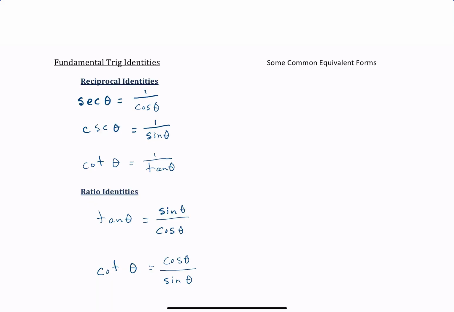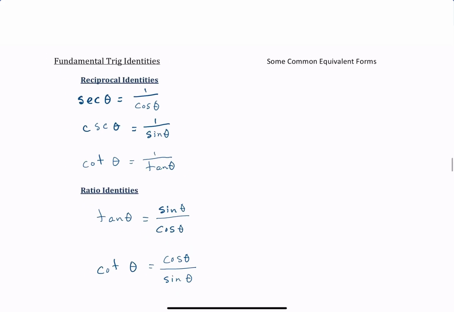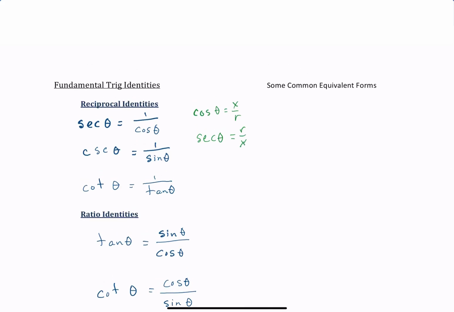For example, we define cosine of theta to be x over r, and then we turned around and defined secant of theta to be r over x. So we defined the secant basically as the reciprocal of cosine. So that's where these reciprocal identities come from.